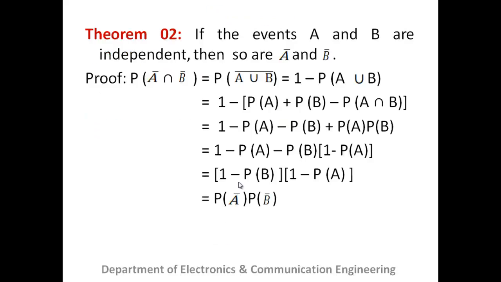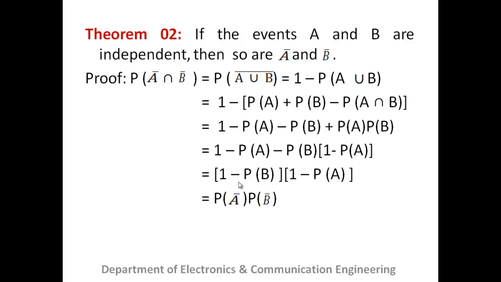Then the other theorem is that if the events A and B are independent, then the events A complement and B complement are also independent. This can be obtained as follows.